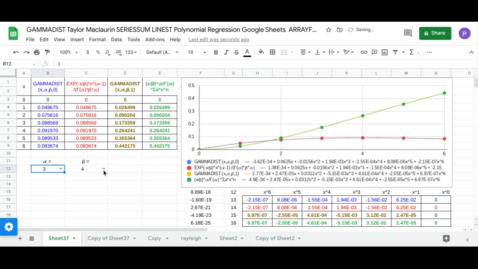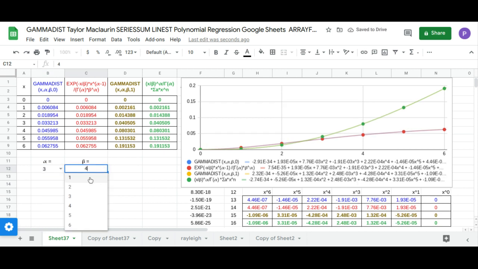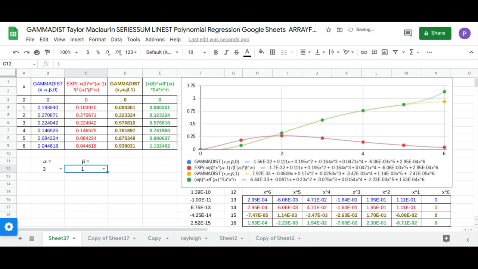We can start from beta at 1. This is 1. There's now a slight error because the green, which is this, is only an approximation. So our expansion is only an approximation. That's a slight error. That's because it's an approximation. We can reduce this error by increasing our value of n to higher, like 100.